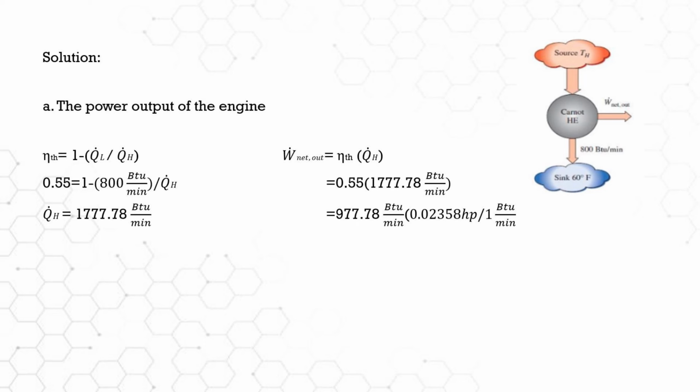So 977.78 British thermal unit per minute is multiplied by 0.02358 horsepower over 1 BTU per minute. Then crossing out the units, we have 23.06 horsepower as our power output.